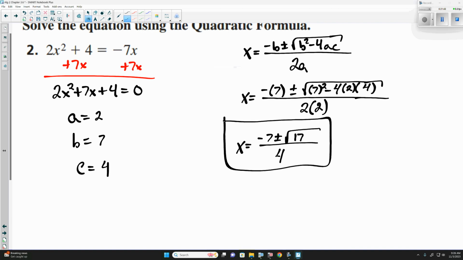It does not factor. So x is equal to negative 7 plus or minus the square root of 17 all over 4. That's it. Questions on this here?